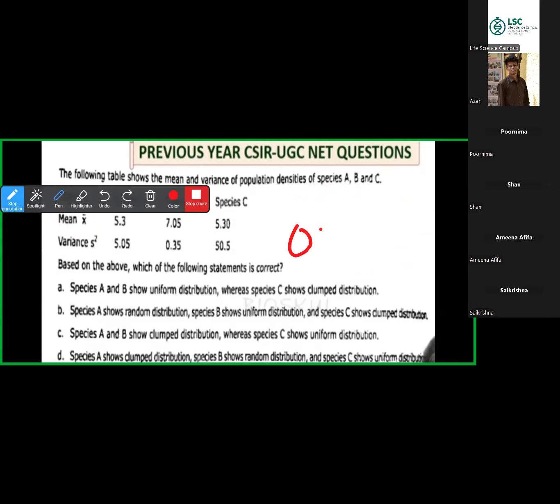Values from 0.95 to 0.99 can be rounded off to 1. If it is less than 0.95, that is 0.94, then it will be less than 1. 0.95 onwards, you can count it as 1. Is it okay?